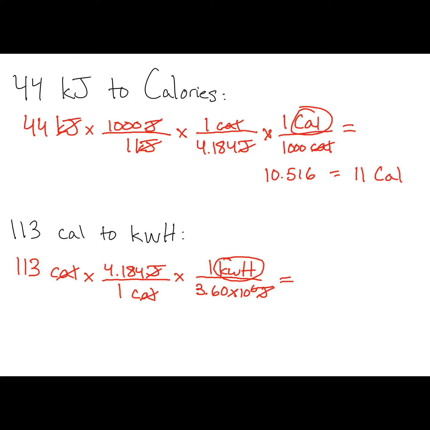Now we input this into our calculator and we get 1.3133 times 10 to the negative 4th. Now this is not the correct answer with sig figs. Our sig figs needs to be in 3 since 113 is in 3. Therefore, our final answer is 1.31 times 10 to the negative 4th power.